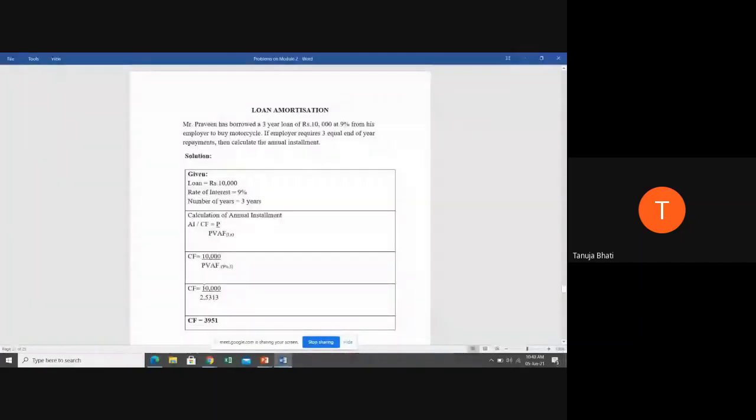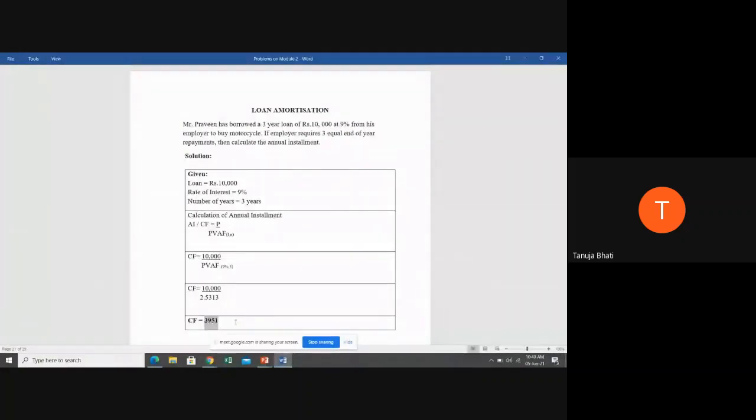So when you divide 10,000 by 2.5313, you get 3,951. So every year the annual installment that Mr. Praveen is going to pay is 3,951.